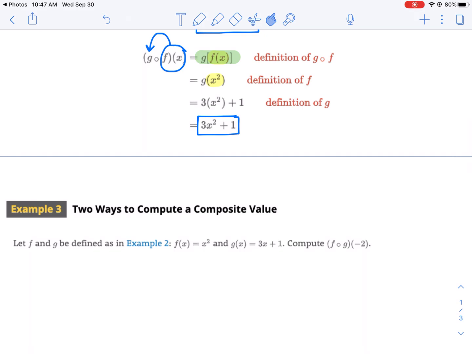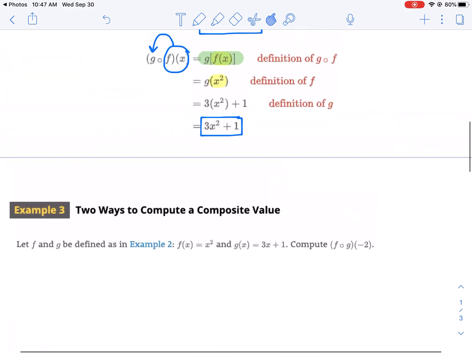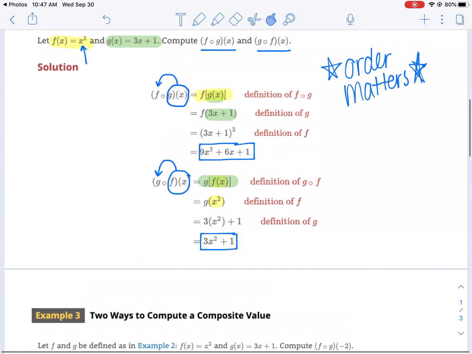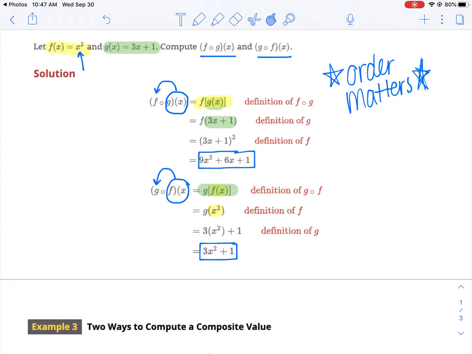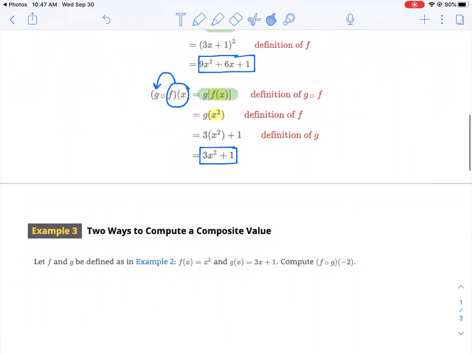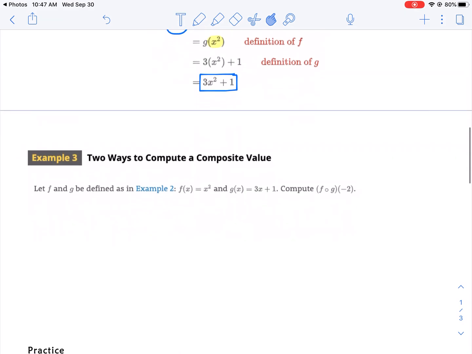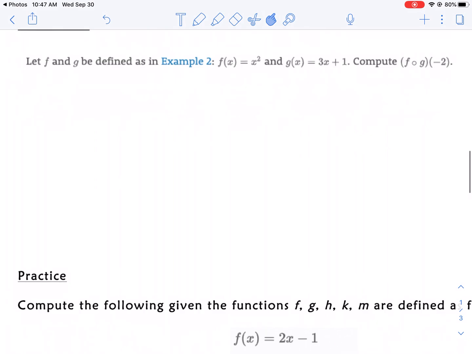Now we're actually going to talk about two ways to compute the composite function. So right here, this is the composite. Remember I told you it's not multiplication, but the input was just x. Now we're going to talk about it if the composite inside is a number, in this case -2. There will be two ways to talk about it.